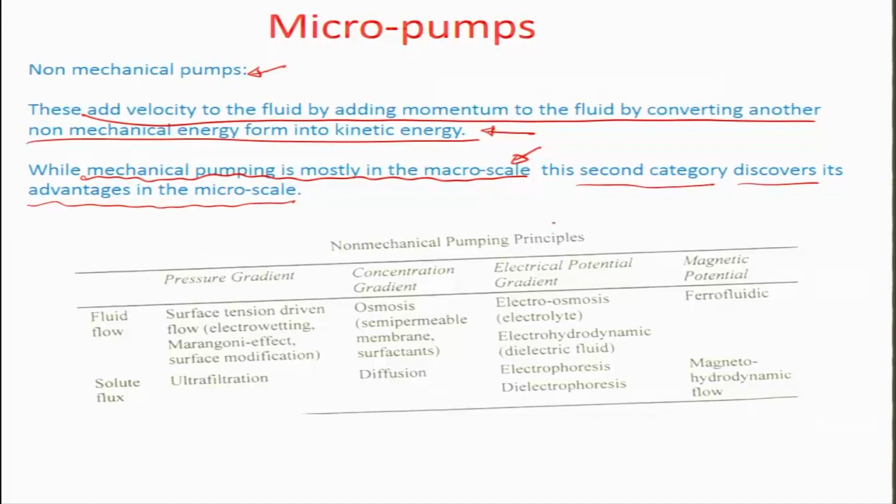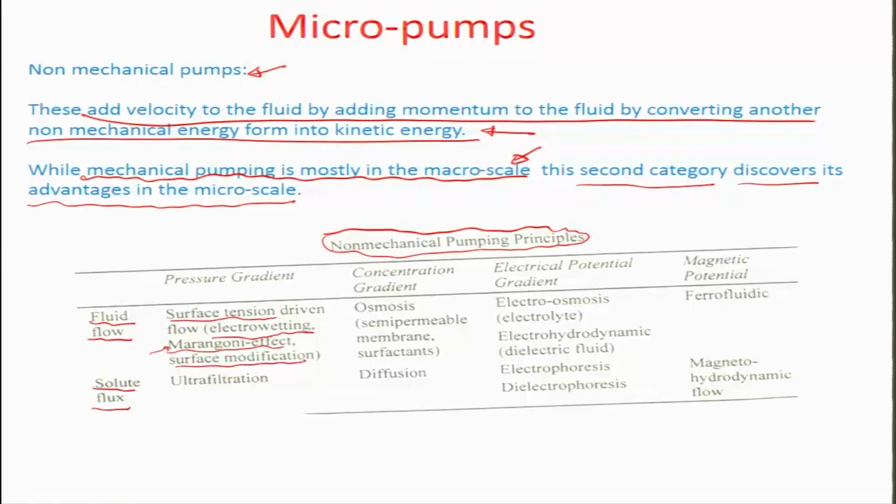If I look at the classification of the different principles of the non-mechanical pumps, generally they are classified either as a fluid flow case or a solute flux case. For example, in the fluid flow case, there can be a pressure gradient created by surface tension. You already saw the electrowetting or thermocapillary effect, which is otherwise known as the Marangoni effect.